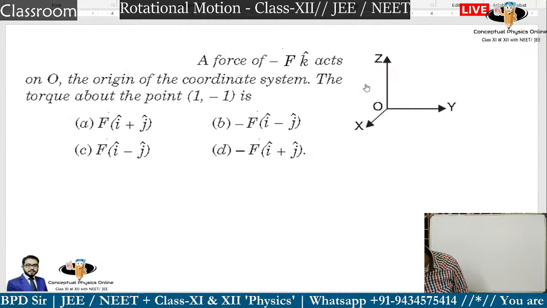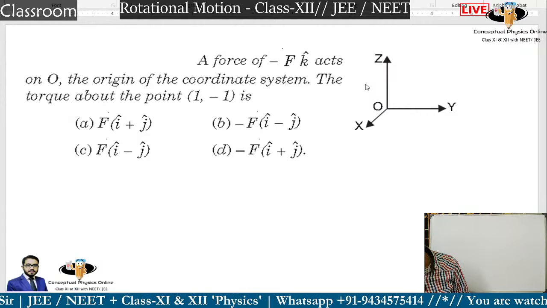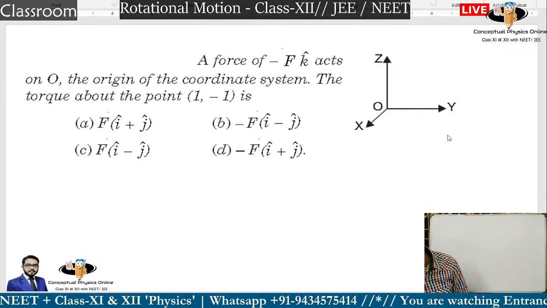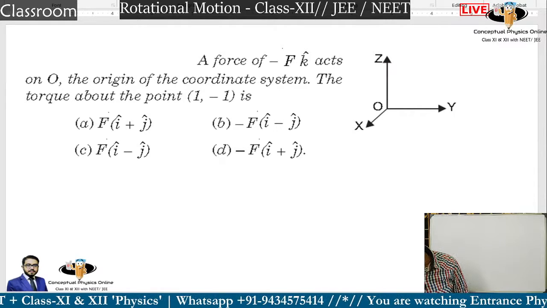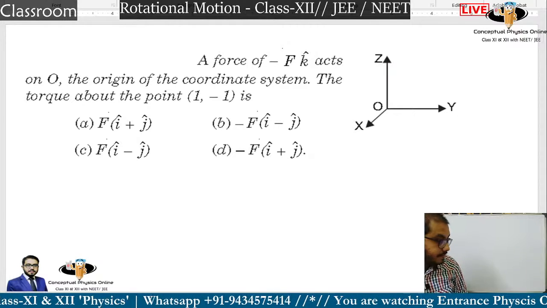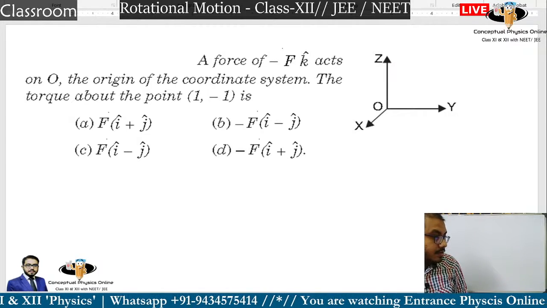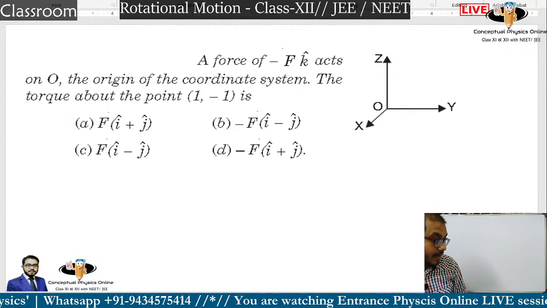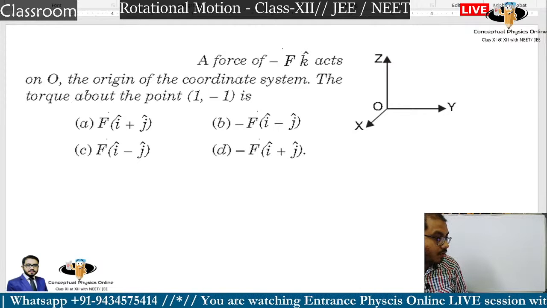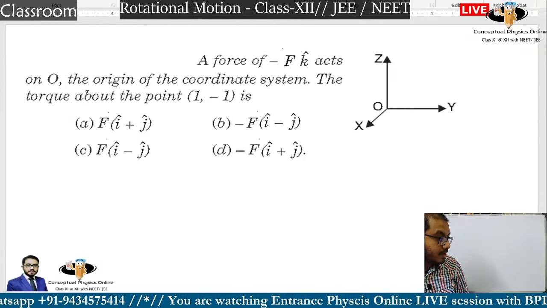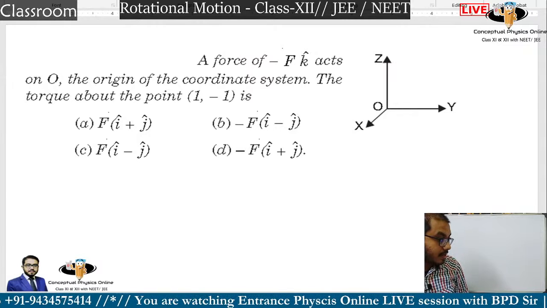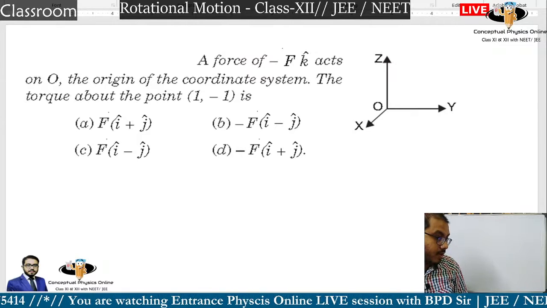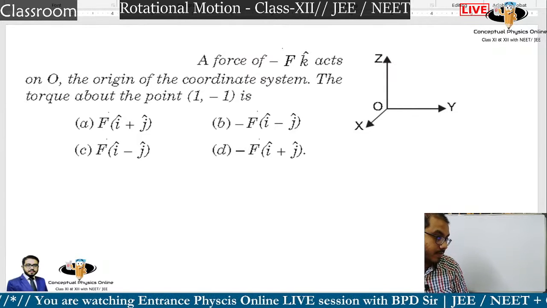Okay, so before starting this session, let me go back to the question first. So the question is telling that a force of minus Fk cap acts on the origin O of the coordinate system. We need the torque about the point (1, minus 1).